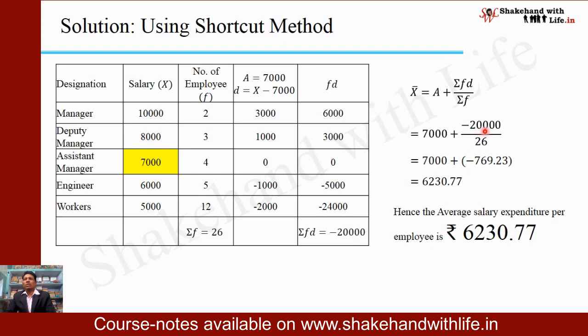Minus 20,000 divided by 26 is minus 769.23, and the total is 6,230.77. Here the answer is again the same as in the direct method. So the average salary expenditure per employee is rupees 6,230.77. This way you can calculate the mean for a discrete data series using the shortcut method.